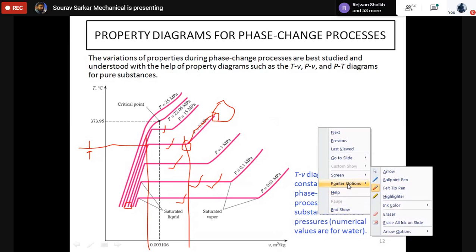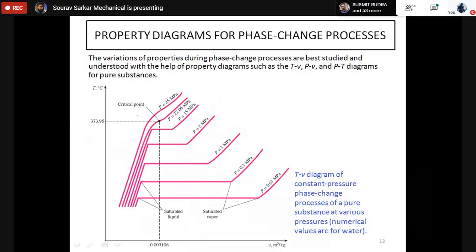But there is one interesting line. This line is very interesting. This line is basically called the critical point. If your initial pressure is high enough and we start to heat it, there will be a case where there is no horizontal line. The whole liquid will be converted into vapor, or maybe there is a smooth phase change.